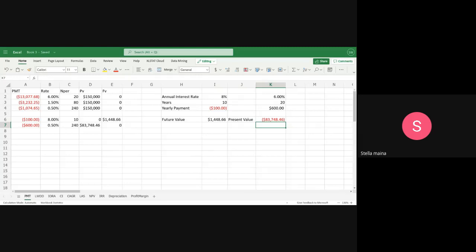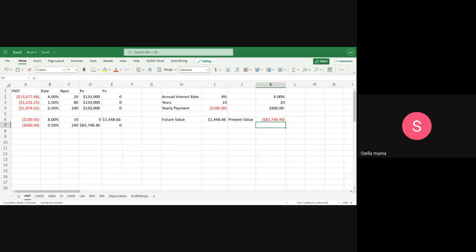I also want us to look at something. We have already looked at PMT, which calculates the monthly payments. Now I want us to look at PPMT. It calculates the principal part of the payment.